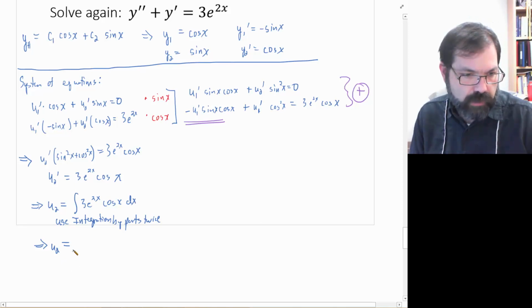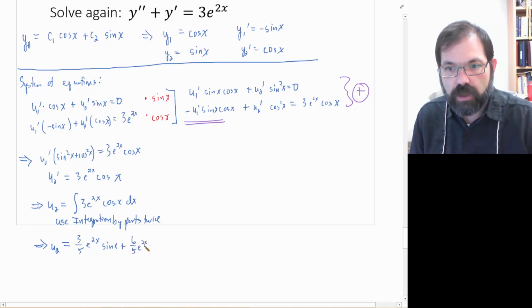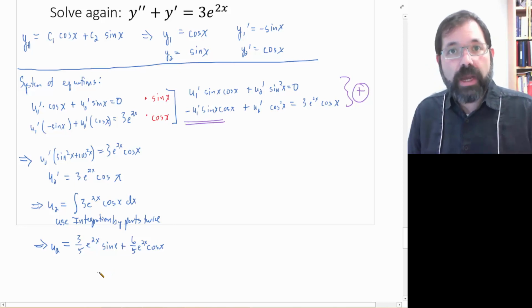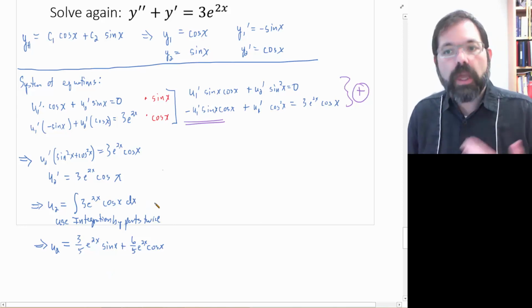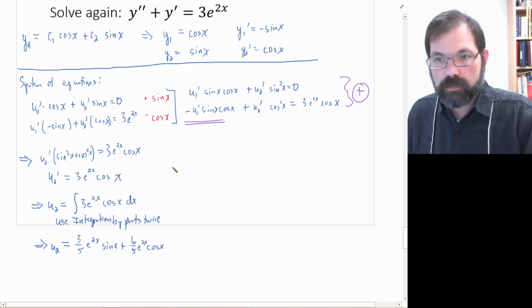We find that u2 ends up being 3/5 e to the 2x sine x plus 6/5 e to the 2x cosine x. So I now know u2, and now I can use that to find u1.